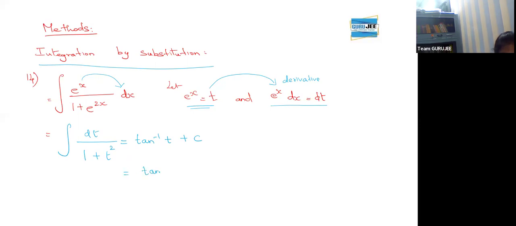Tan inverse of t, the value is e power x, plus c. This is the answer. First we simplified, got the final simplified format, then applied the formula, got the result. Antiderivative plus constant. So this is the first method for integration using substitution.